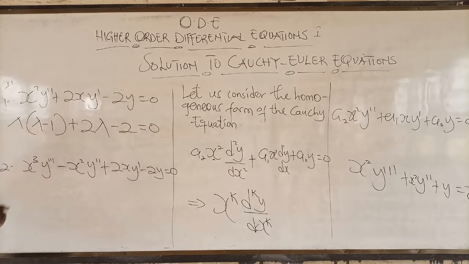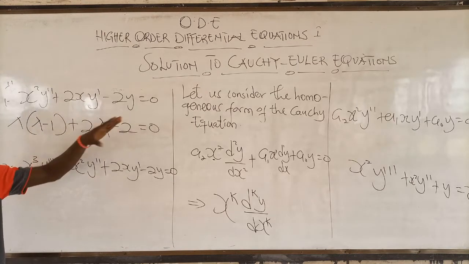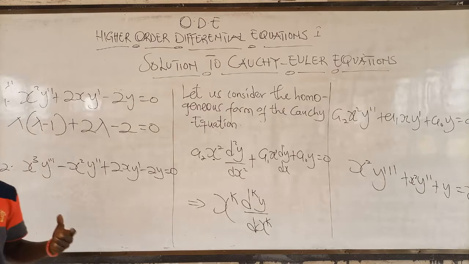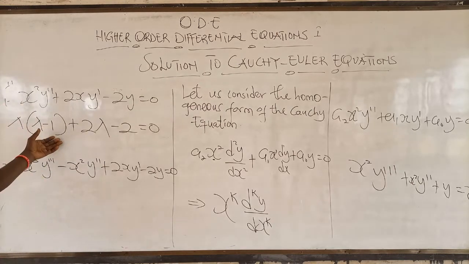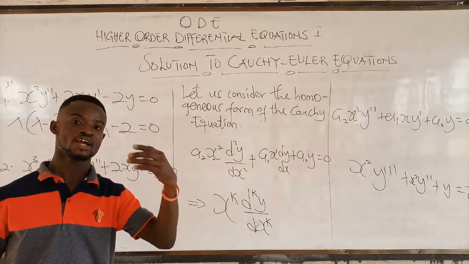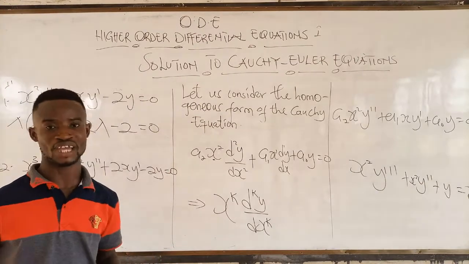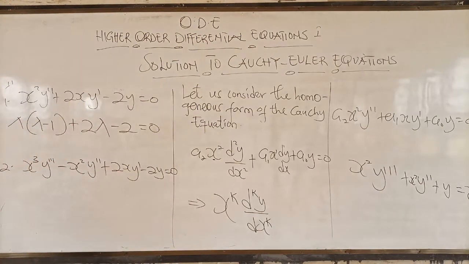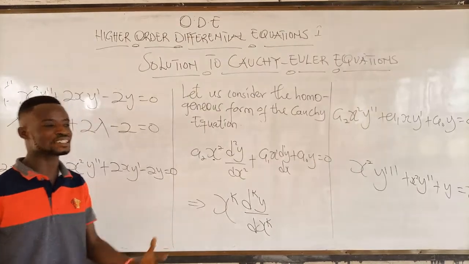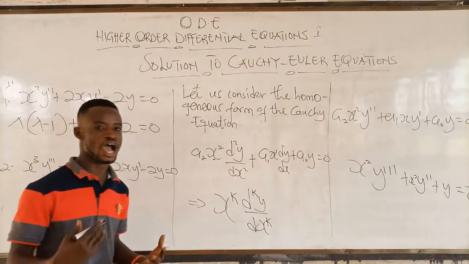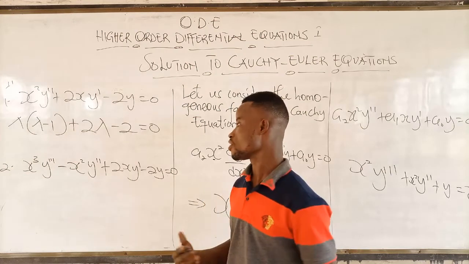This is how we write the characteristic equation. To solve it, you just simplify this to get a polynomial. Very good. This is a third order, so let's look at how we write the characteristic equation for a third order.